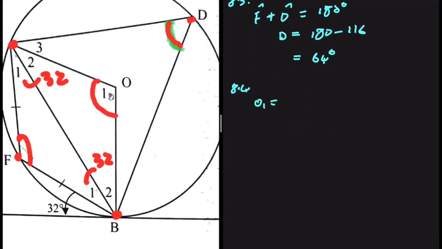We're saying that O1 is equal to 2 times angle D. Angle at center is 2 times the angle at the circumference. They have to be in the same arc or subtended by the same chord. So O1 is 2 multiplied by 64, which is 128. So O1 is 128 degrees.